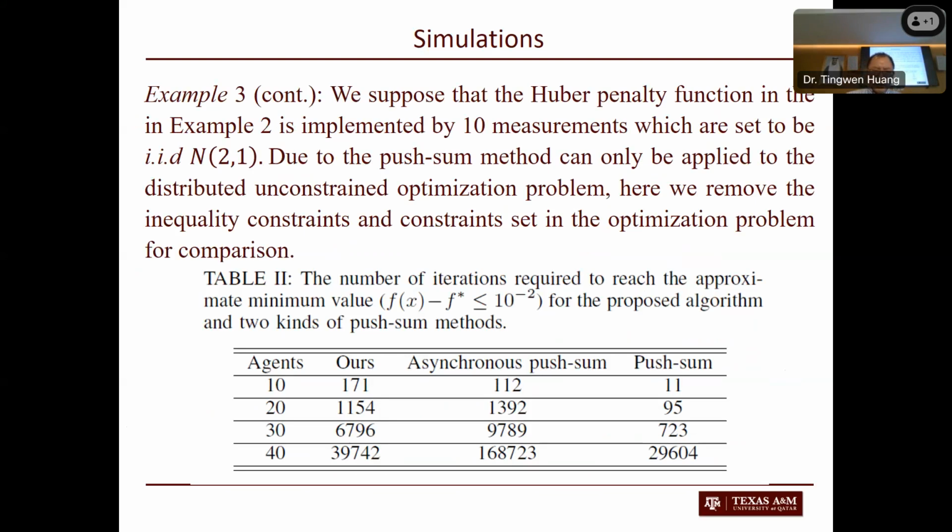Okay. Now we can see for the number of agents 10, 20, 30, 40, for all algorithms, the iteration time increases much slower compared to synchronous push-sum.